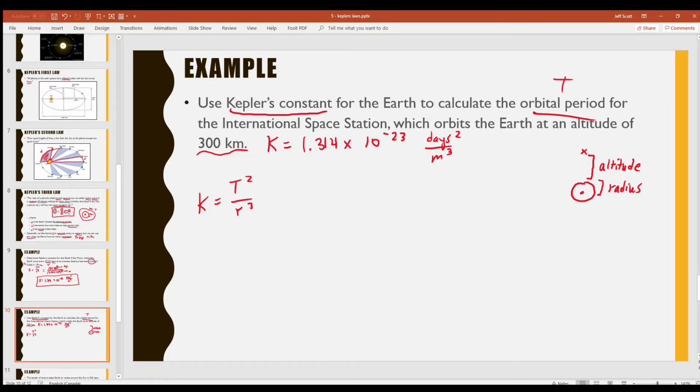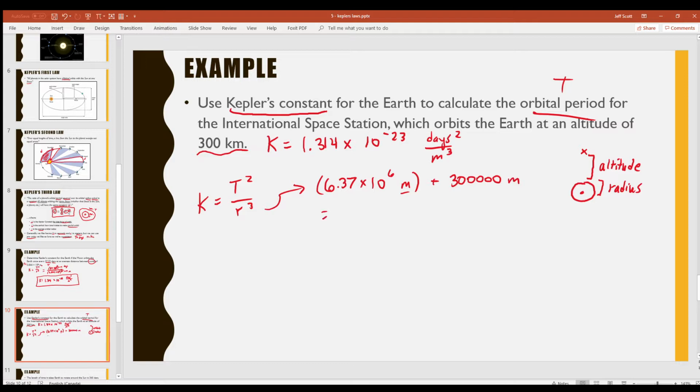Now the good news is the radius of Earth is actually listed on your formula sheet. So the radius in this case is going to be the radius of the Earth, which again on your formula sheet is 6.37 times 10 to the 6 meters, plus 300 kilometers, which in order to match with the meters here, we should change to meters really quick. 300 kilometers is just 300,000 meters.